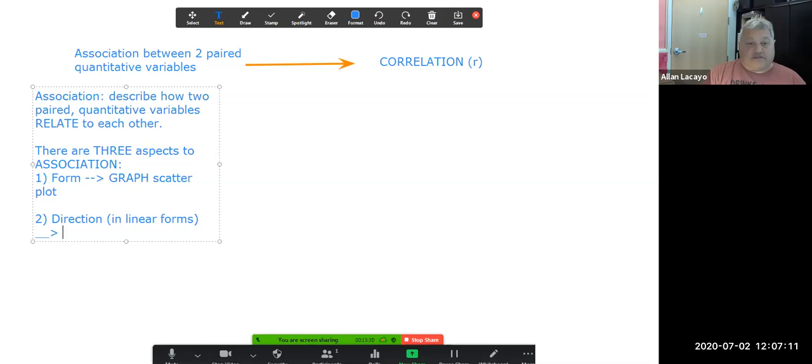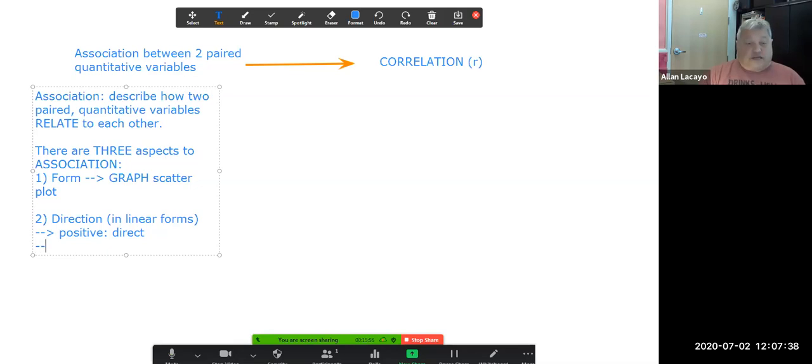You can have a positive direction, which implies a direct relationship between the values of one variable and another. And by direct, we mean that whenever we see one variable above its average value, we should see the other variable also above its average value and vice versa.